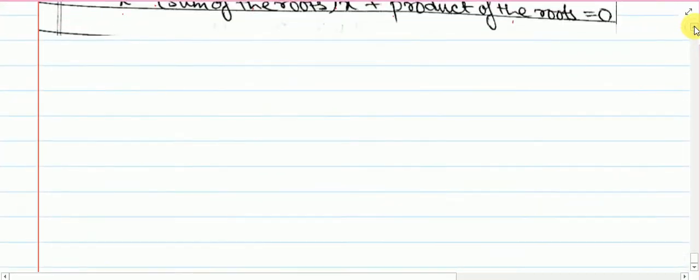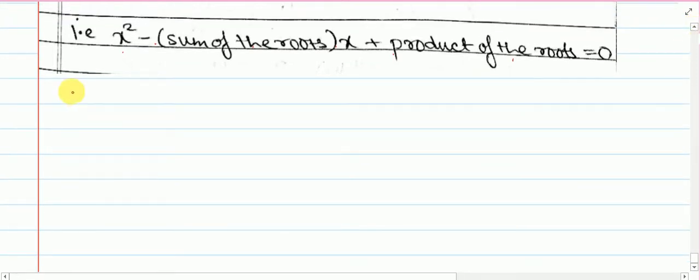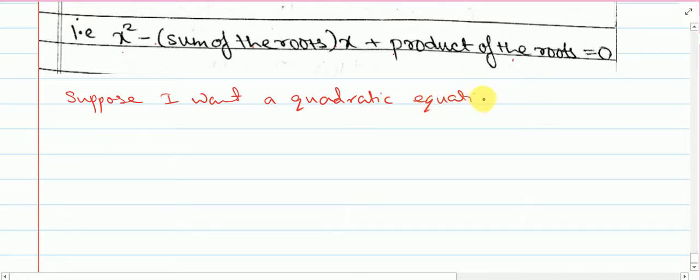Suppose I want a quadratic equation whose roots must be 2 and 3. So what would be that quadratic equation whose roots are going to be 2 and 3?